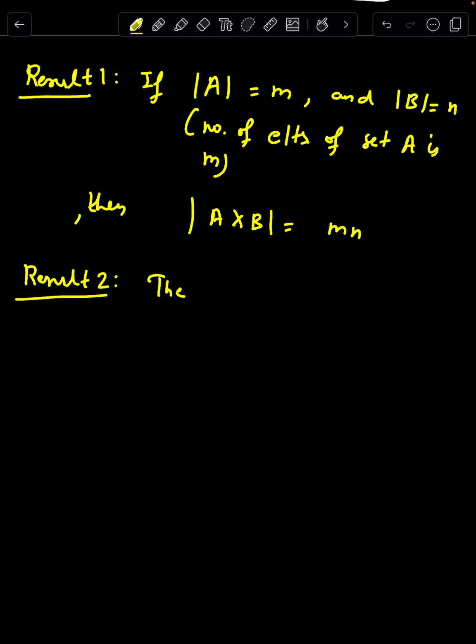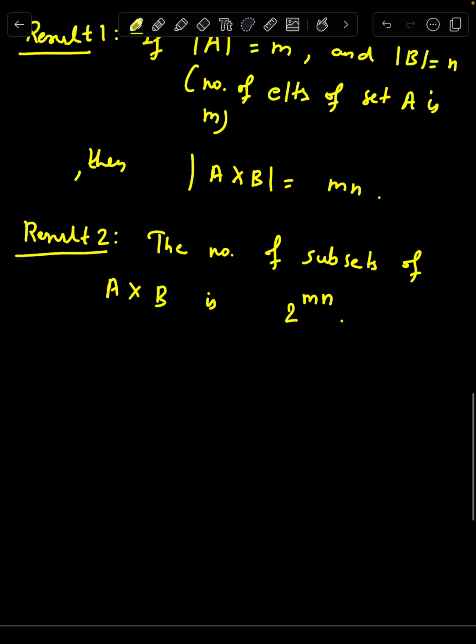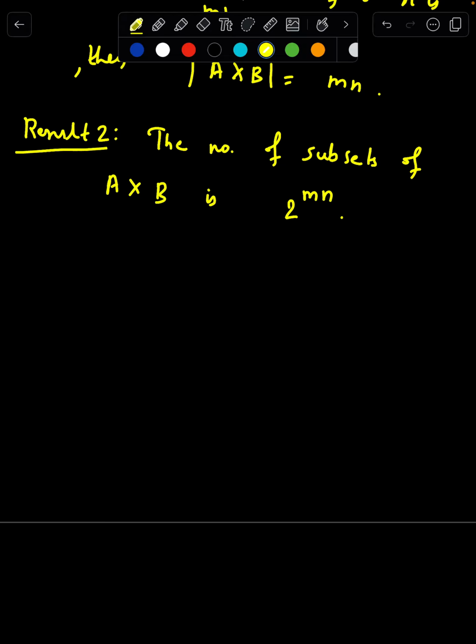So the number of subsets of A cross B is 2 to the power mn, right?